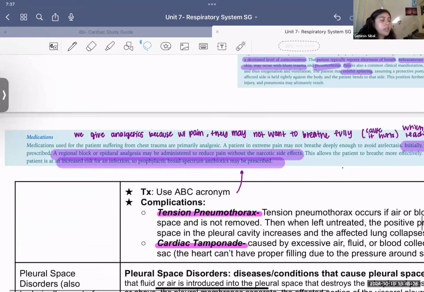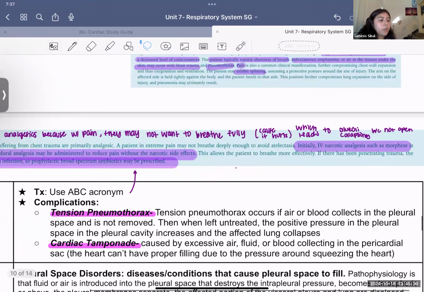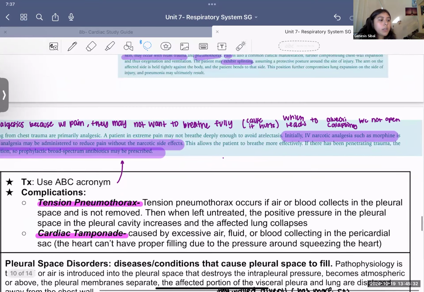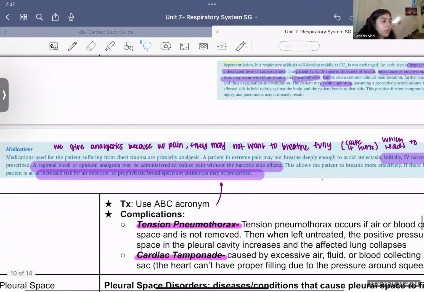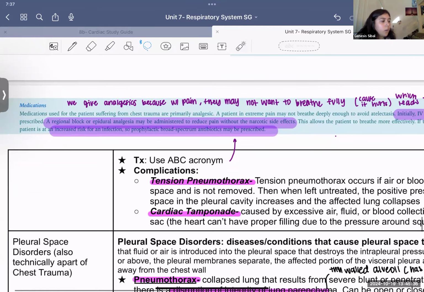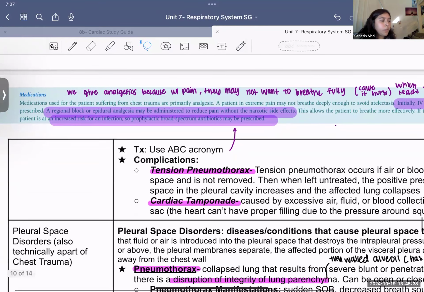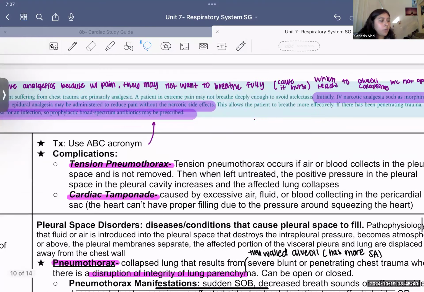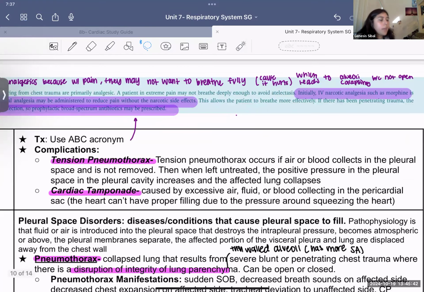So again, we give analgesics because with the pain, they might not be able to breathe fully because it hurts, which leads to alveoli collapsing, which they're not opening. And so we also want to watch out for pneumonia for that. So complications are a tension pneumothorax and then a cardiac tamponade, which we'll talk about today as well.